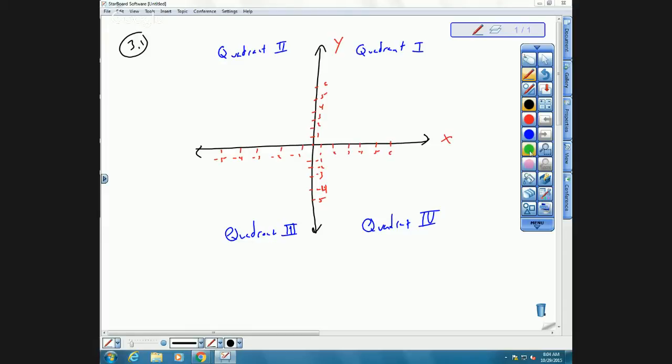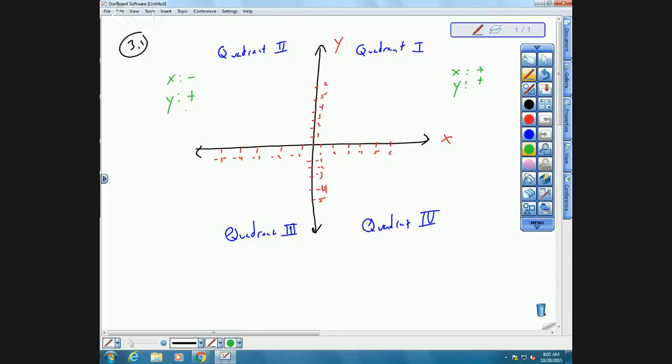Okay, so if you go through each of these, you can see that in quadrant 1, the X's are positive. So any number right here, the X's are going to be positive and the Y's are going to be positive. Over here, if you go to quadrant 2, your X's will be negative because I have negative numbers going to the left, but I'm still positive on the Y because it's going up.